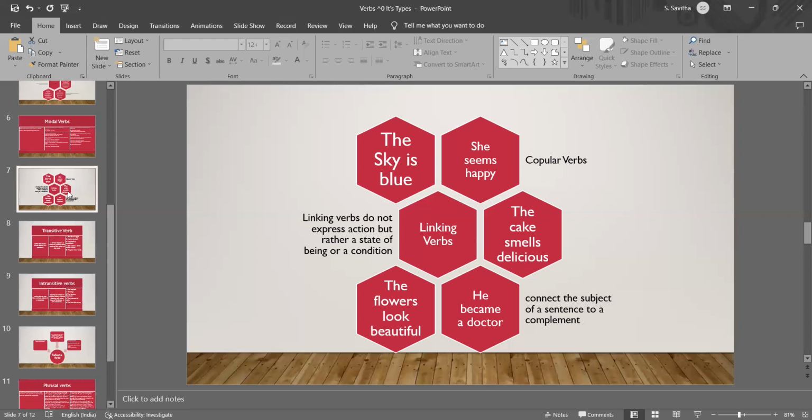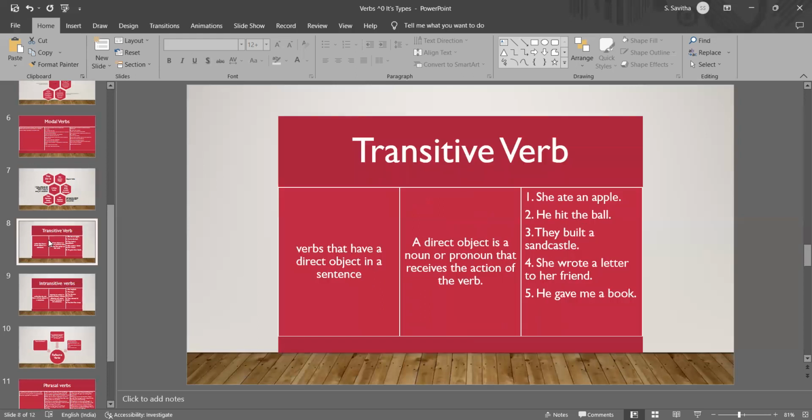See, for example, look can also be used as an action verb. The flowers look beautiful, right? So look can also be used as an action verb. I looked at the painting, if I say like that, right? So these things you have to be very careful with the understanding.